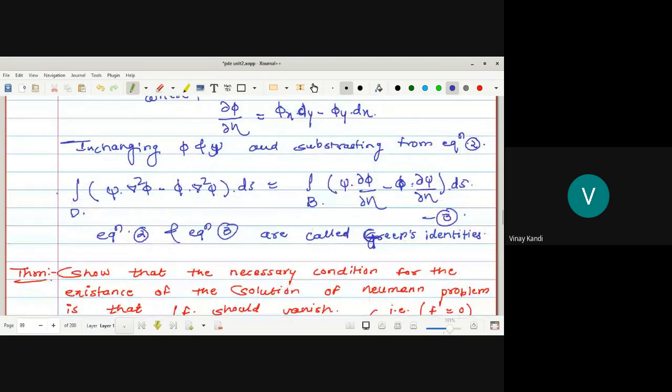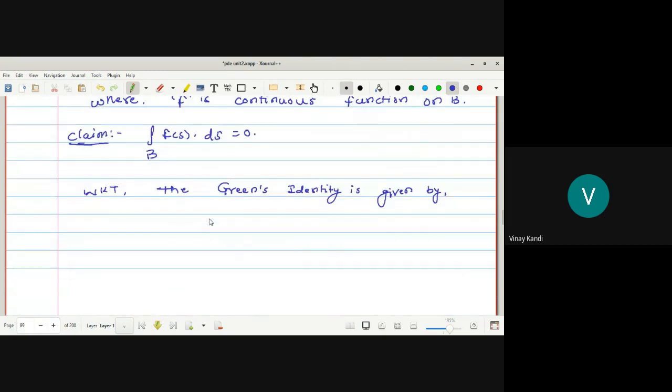Integration on D of psi into del square of phi minus phi into del square of psi, ds, is equal to integration on the boundary B of psi into ∂phi/∂η minus phi into ∂psi/∂η, with respect to ds.